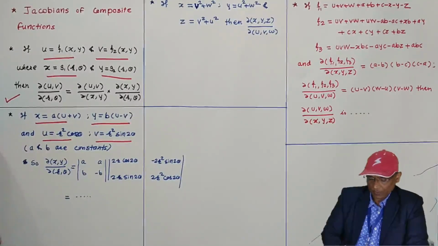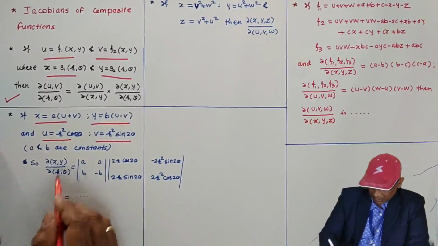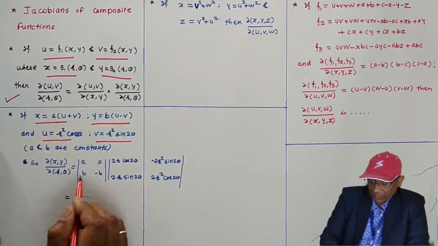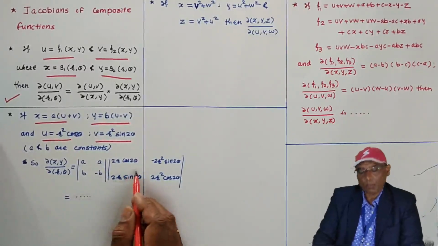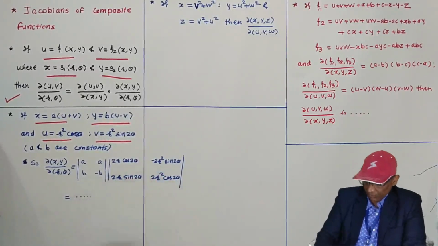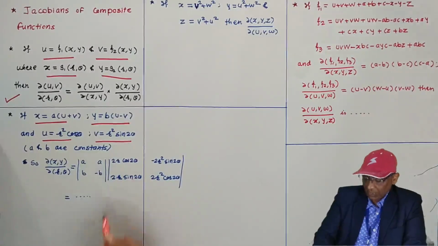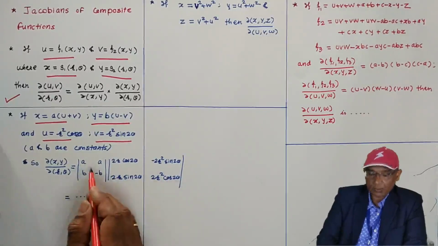But here in this problem, del xy by del uv is directly given. Del uv by del r theta means this Jacobian is directly given in terms of determinant. Okay, no need to calculate.